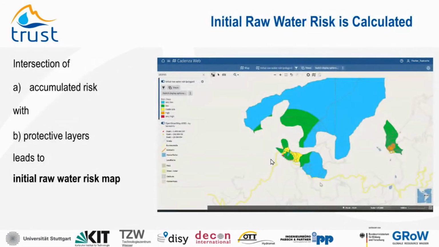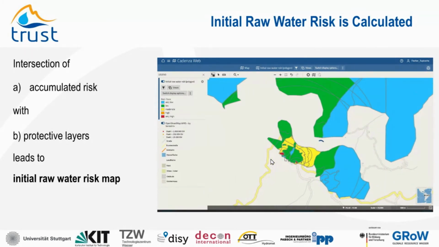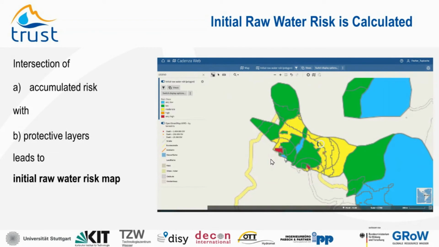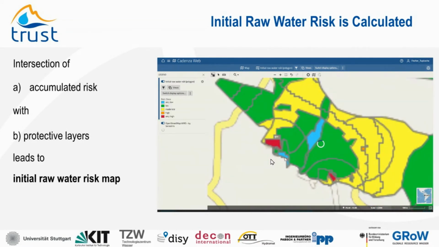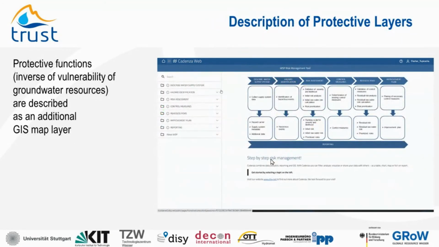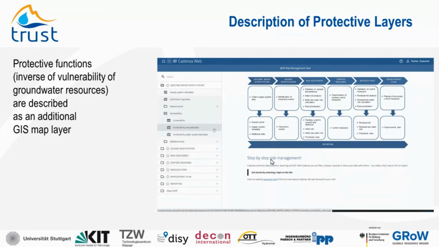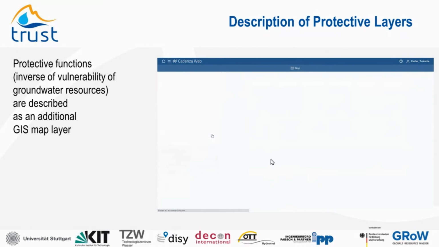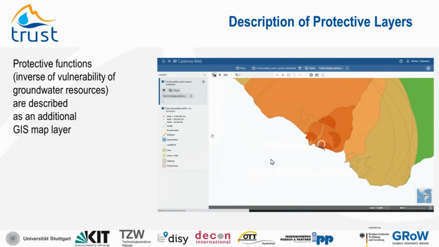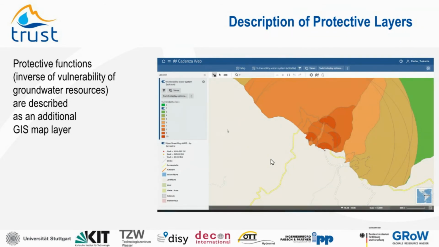Then you have to characterize your protective layers or your vulnerability, which are of course inverse concepts. This is again a map-based interaction where you specify certain locations, certain geographic areas, and then say here the protective layer is strong or weak.